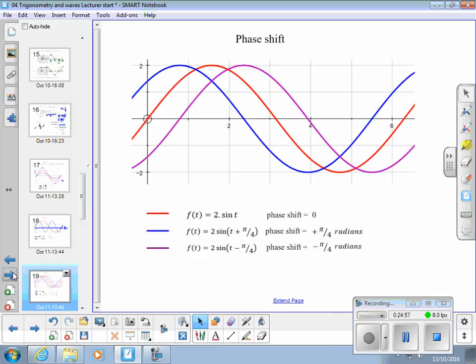Probably the most difficult one to get correct is phase shift. If I have f of t is 2 sine t, so the peak is 2, omega is 1, there is no plus or minus any phase angle. So that's the red one starting at time equals 0.